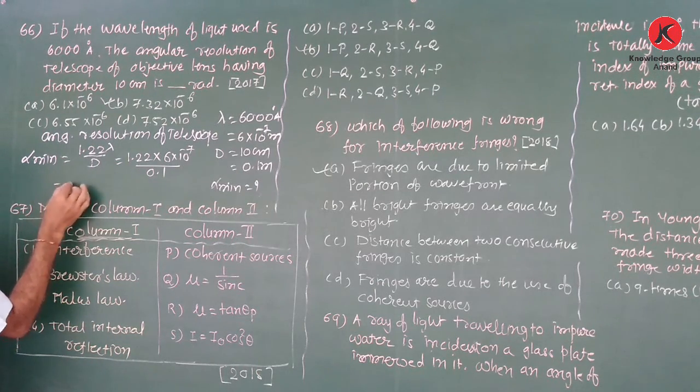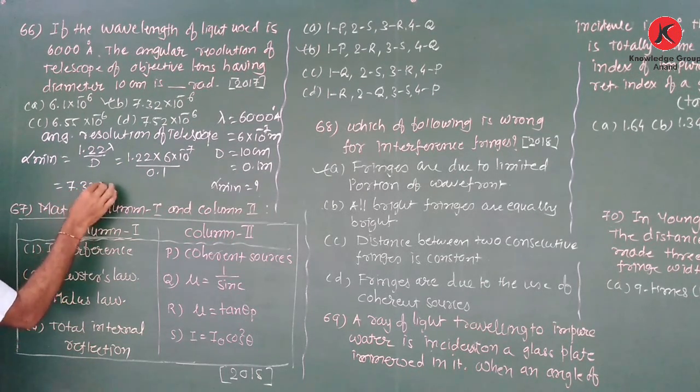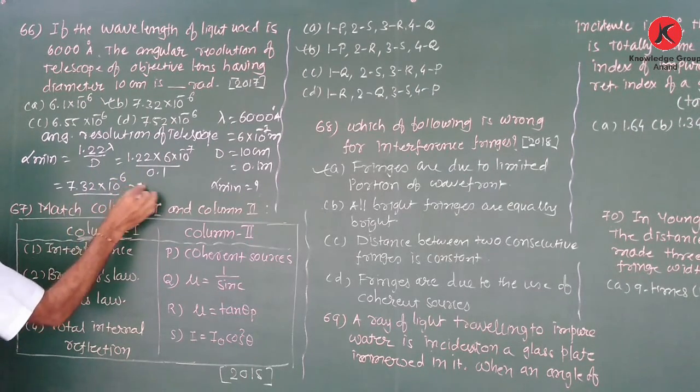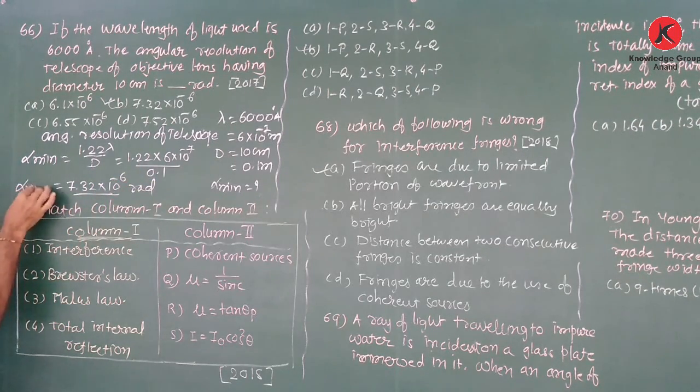Therefore, 7.32 into 10 to the power minus 6 radian.